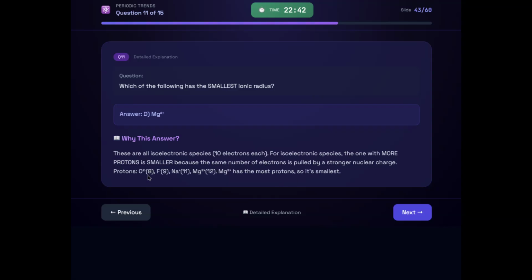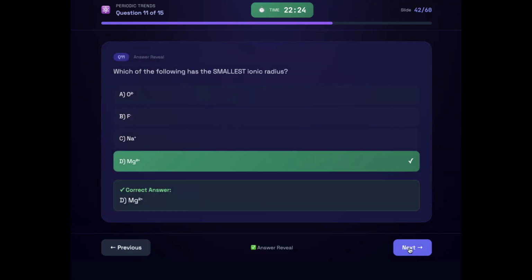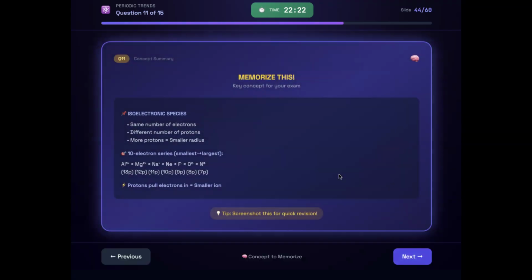O2-, F-, Na+, Mg2+ all have the same number of electrons, but magnesium has the most protons. With the most protons, the attraction to the inside is more, which makes the size smaller. That's why the rest are bigger, but this one is the smallest. So remember: isoelectronic species have the same number of electrons but a different number of protons. More protons equals a smaller radius.